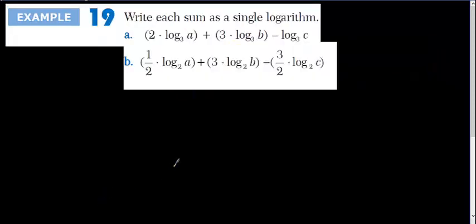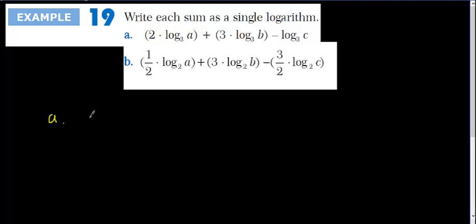Okay. What about this one? Write each as a single logarithm. The bases are the same, but here we have coefficients in front of them. So we should first write these coefficients as powers, then solve the question.